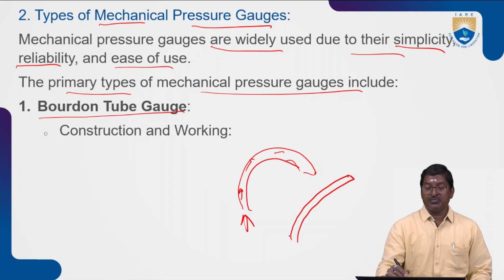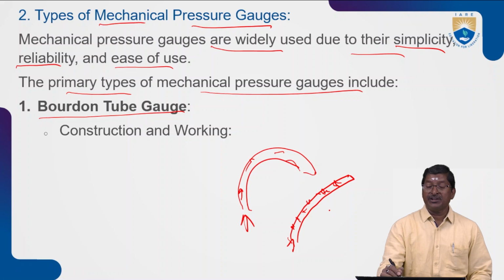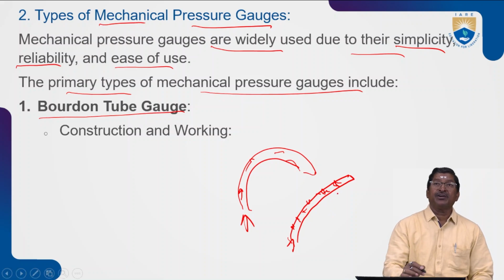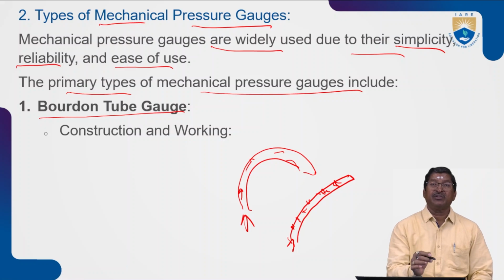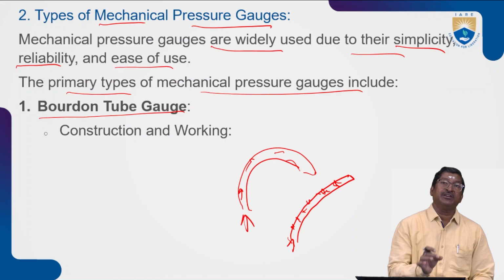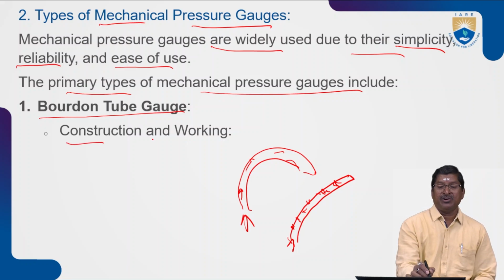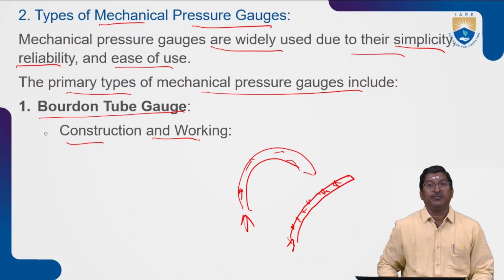As pressure increases, instead of the C shape, it is getting a straight-line portion. Depending upon that movement, it is attached to a point so that we can measure the pressure inside that particular pipe material. That is the Bourdon tube gauge. We'll see the construction and how it works in the following slide.